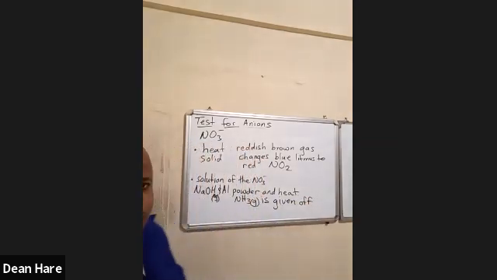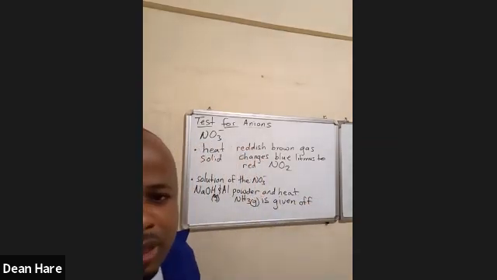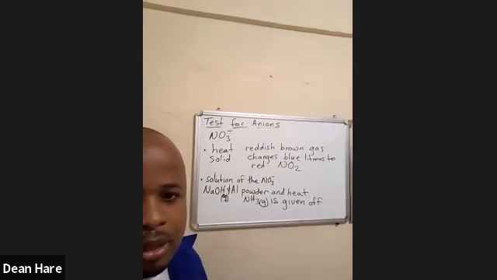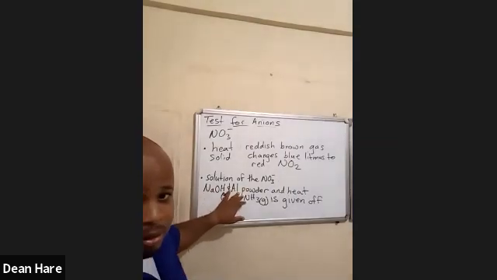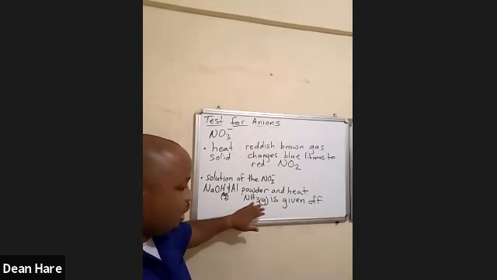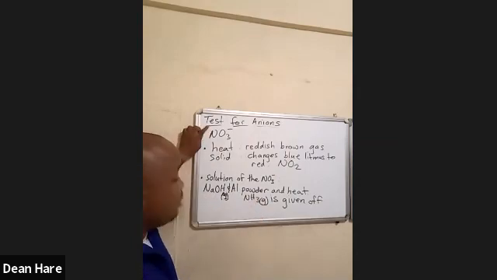So just remember, once you see sodium hydroxide and aluminum powder, that's for ammonia gas, and they are testing for the nitrate ion.